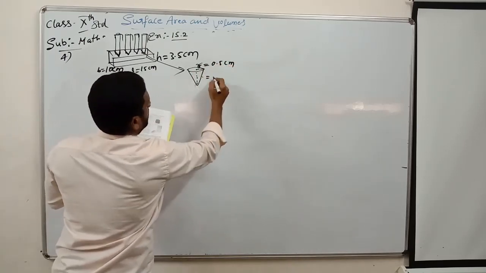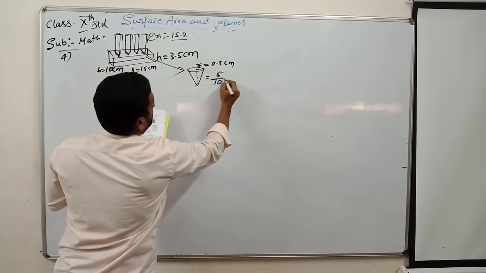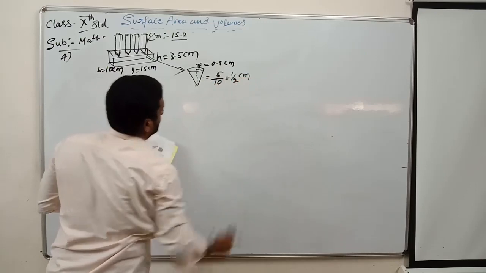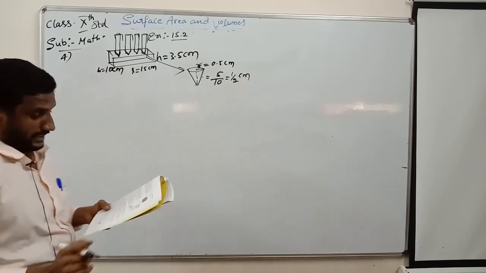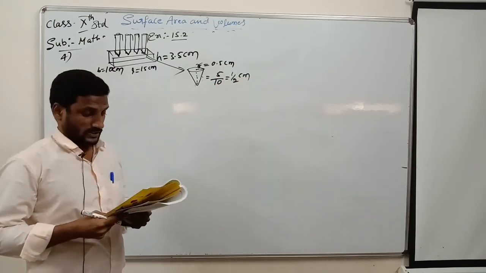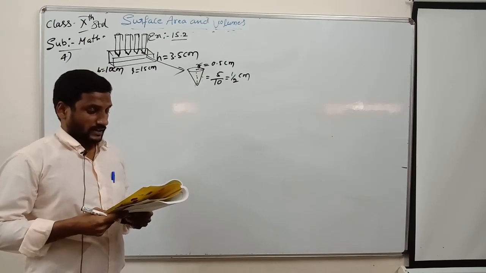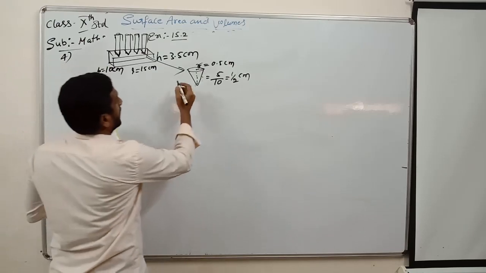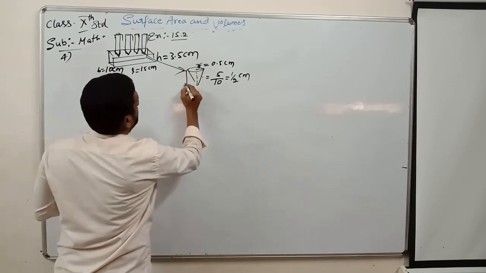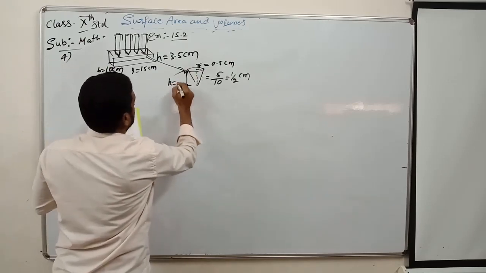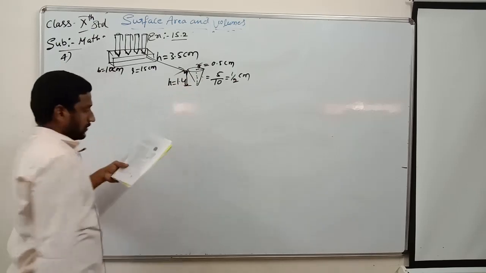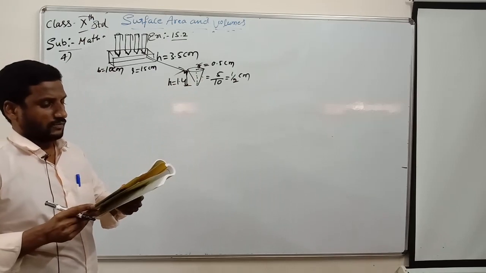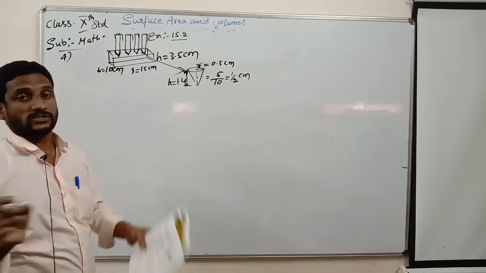You can convert the decimal to 5 by 10, which is nothing but 1 by 2 centimeter. And the depth is 1.4 centimeter. Depth means height, so height is equal to 1.4 centimeter.